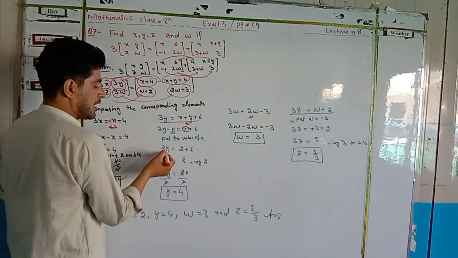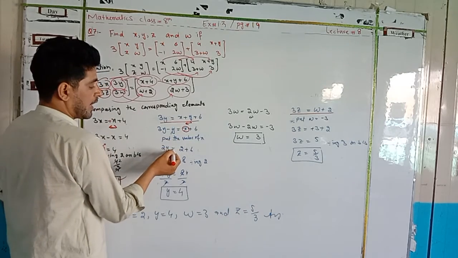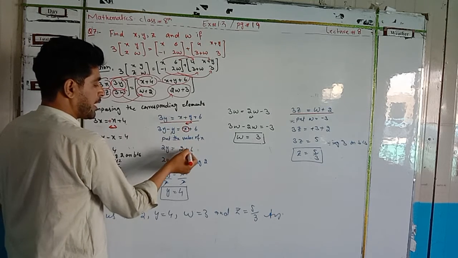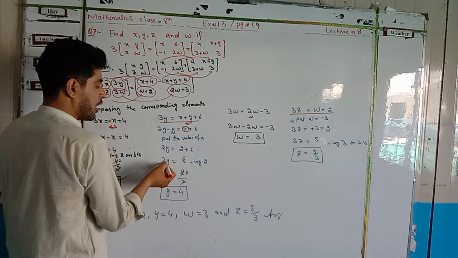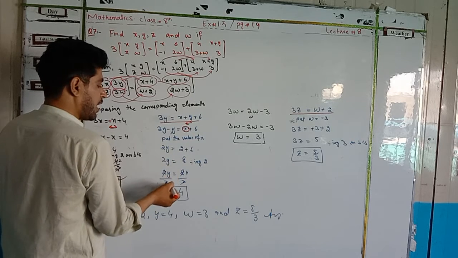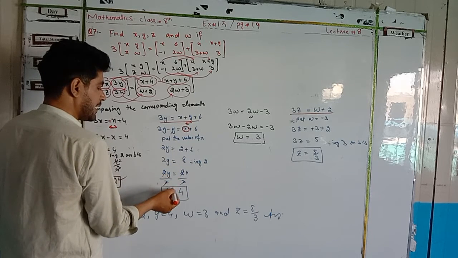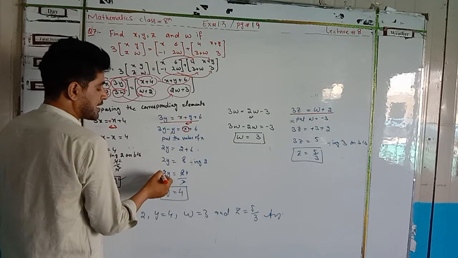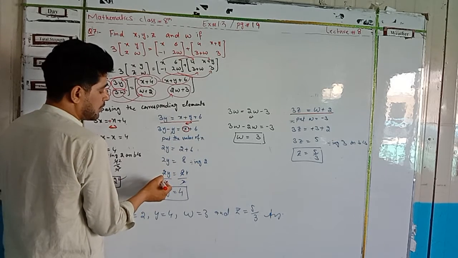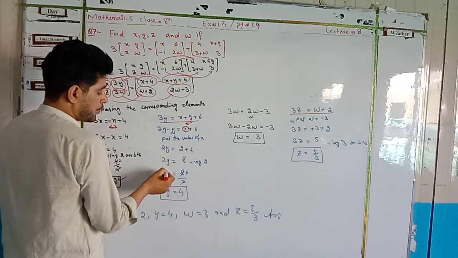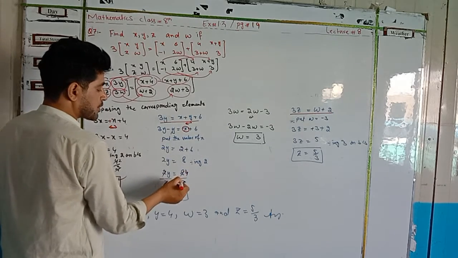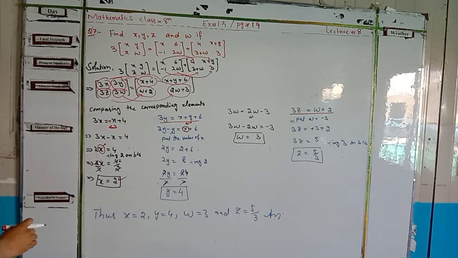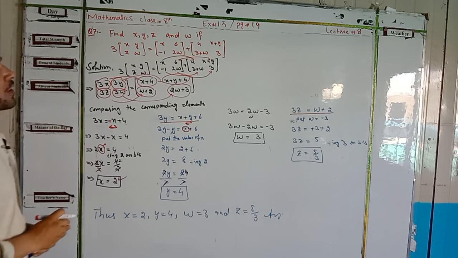So 2y is equal to 2 plus 6, which is 8. Dividing by 2 on both sides, y is equal to 4. So the value of y is 4.